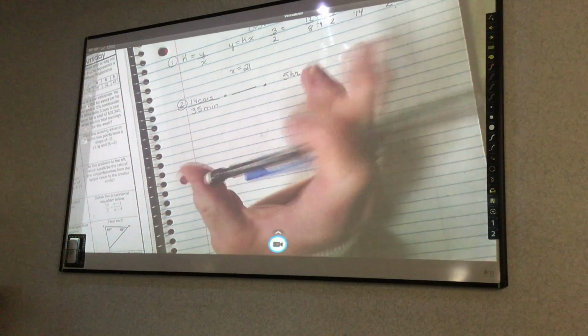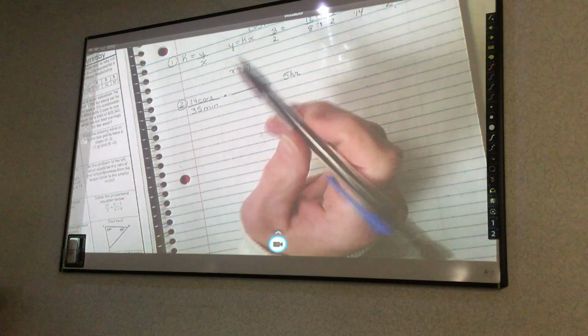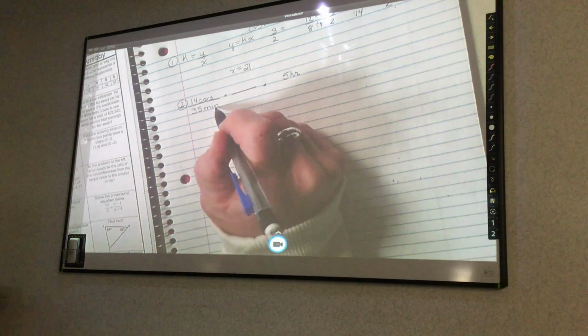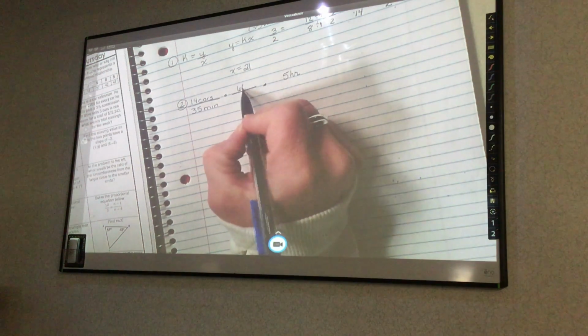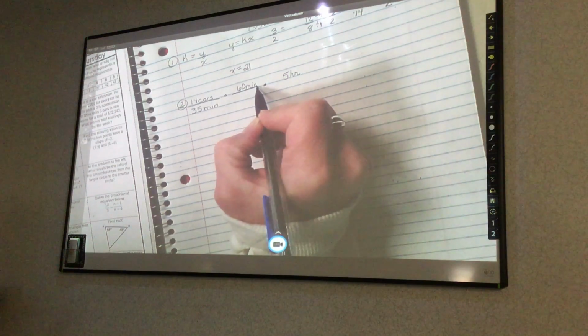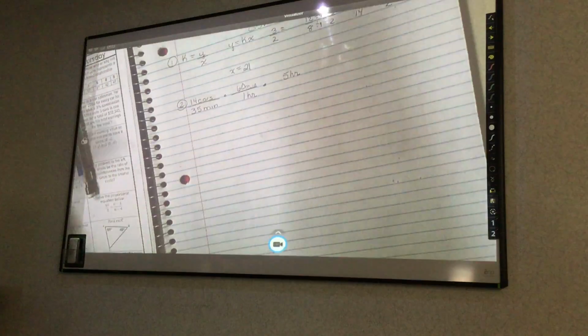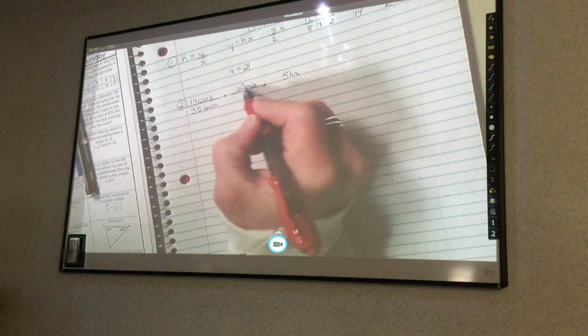Need to change minutes to hours. Minutes to hours. So we would put 60 minutes on the top, 1 hour on the bottom, because then my minutes cancel each other out.